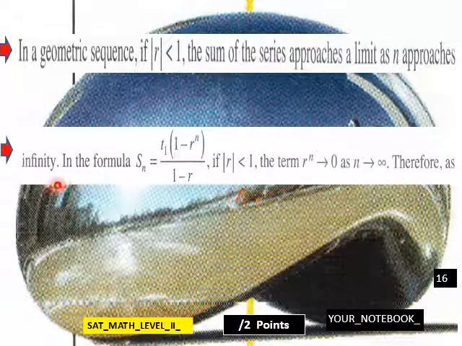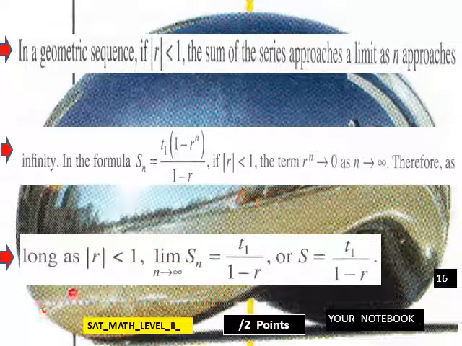In a geometric sequence, if the absolute value of r is less than 1, the sum of the series approaches a limit as n approaches infinity. In the formula Sn equals term 1 multiplied by 1 minus r to the nth over 1 minus r, if the absolute value of r is less than 1, the term r to the n goes to 0 as n goes to infinity.